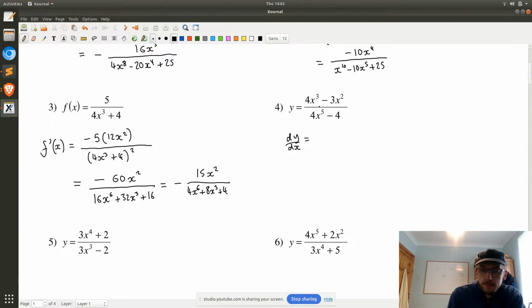All right, so what about this one now? The bottom times the derivative of the top minus the top times the derivative of the bottom, like that. So that would be this times the derivative of the top. And what's that? Well, that's 12x squared minus 6x.